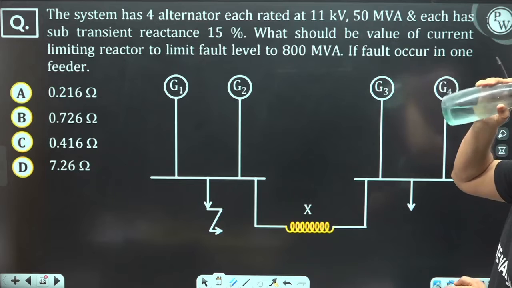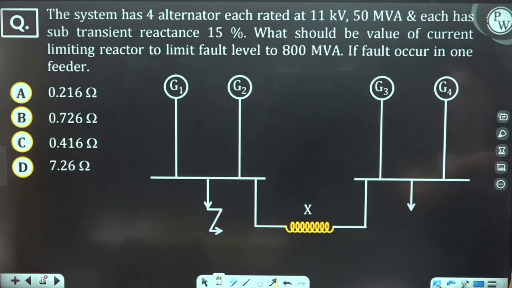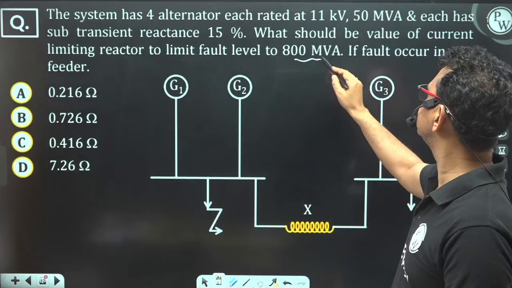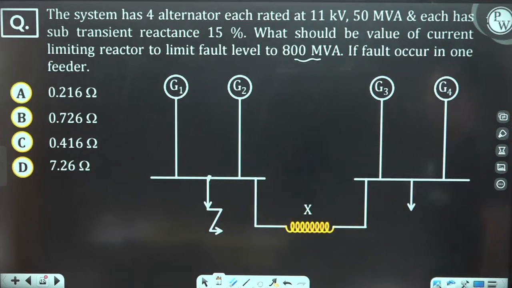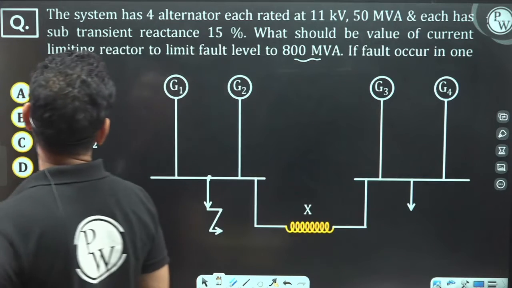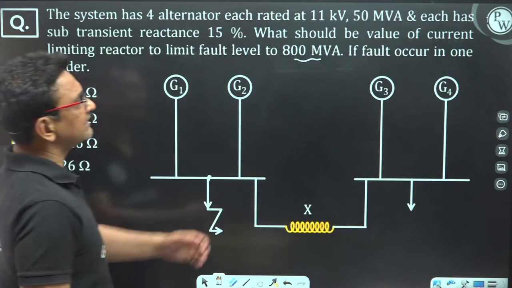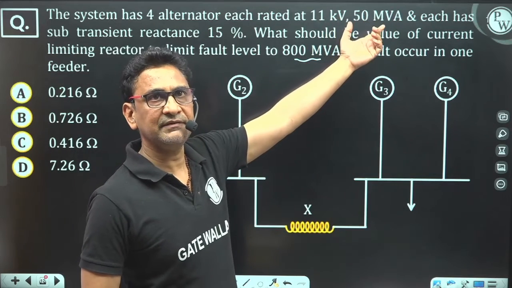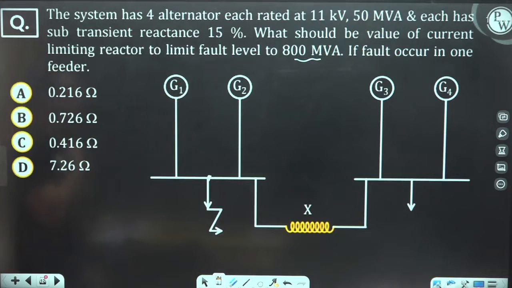What should be the value of the current limiting reactor to limit the fault level to 800 MVA? If the fault is occurring here, then the fault MVA should not be more than 800 MVA. So first I will take the rated quantities as base quantities, meaning I am choosing 11 kV and 50 MVA as the base voltage and base MVA.